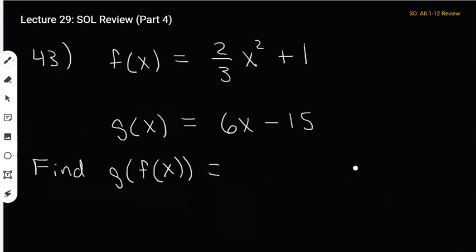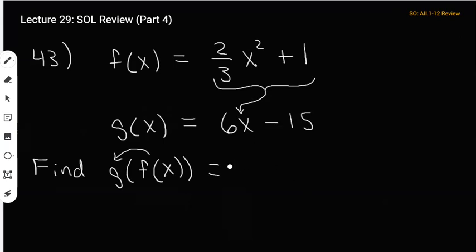So what I want to do is take the function f of x and put it inside of g of x. What that means is everywhere I see an x in g, I'm going to put in the function f of x. So I'm going to take this entire function and put it right here. That's called a function composition.